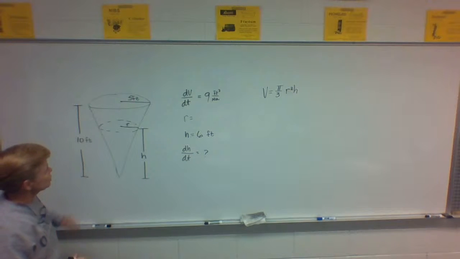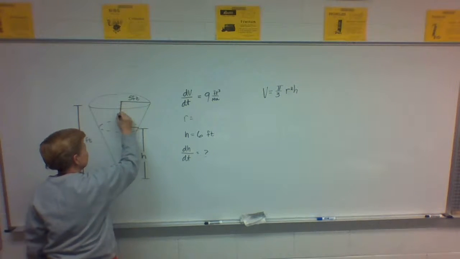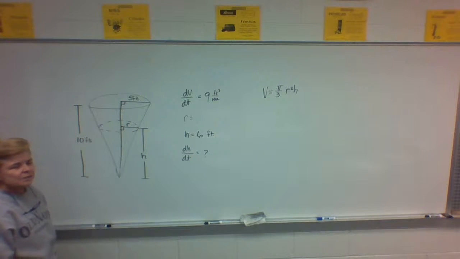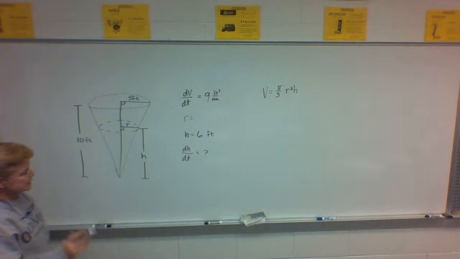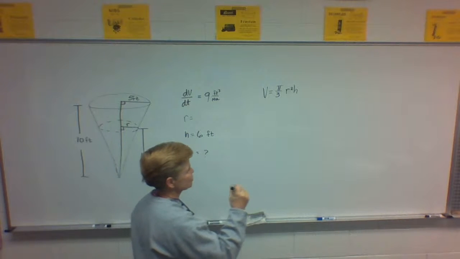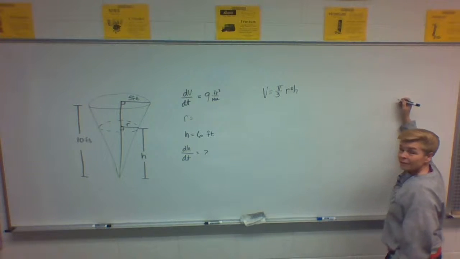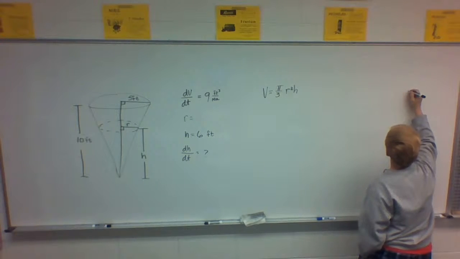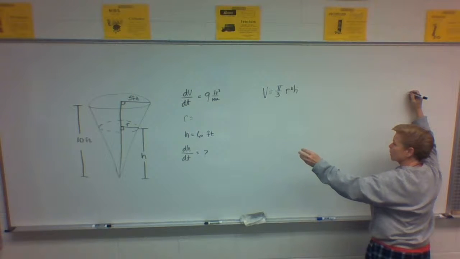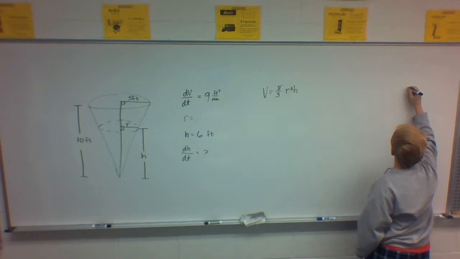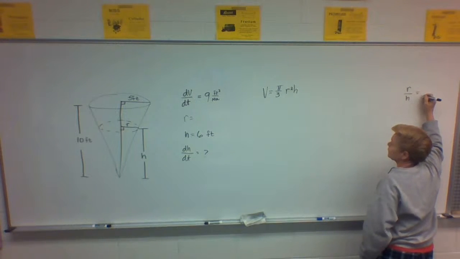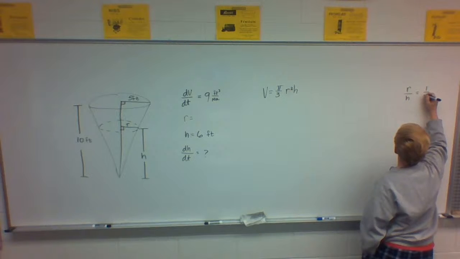And it has to do with this picture and these similar triangles. I didn't leave myself enough space to record this, so I'm going to do it way over here. Isn't it true that in all cases of cones of water, no matter how it's filling up, the radius of the water part will compare to the height of the water part in a ratio of 1:2?